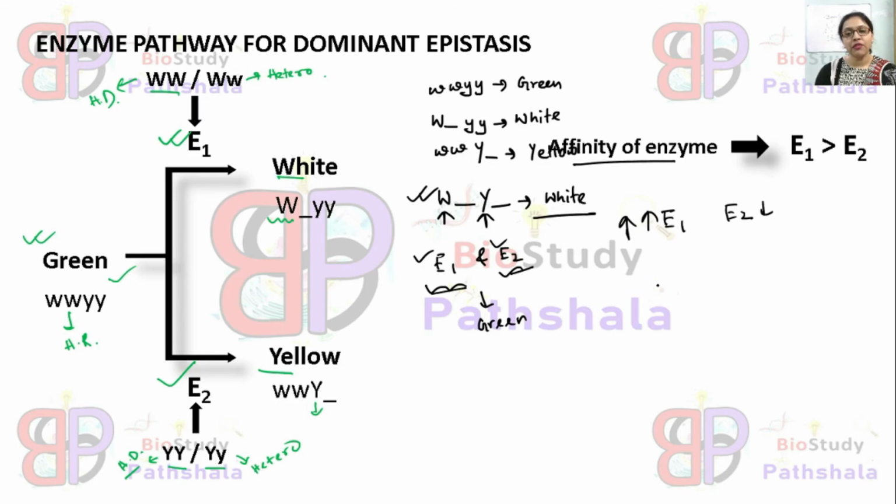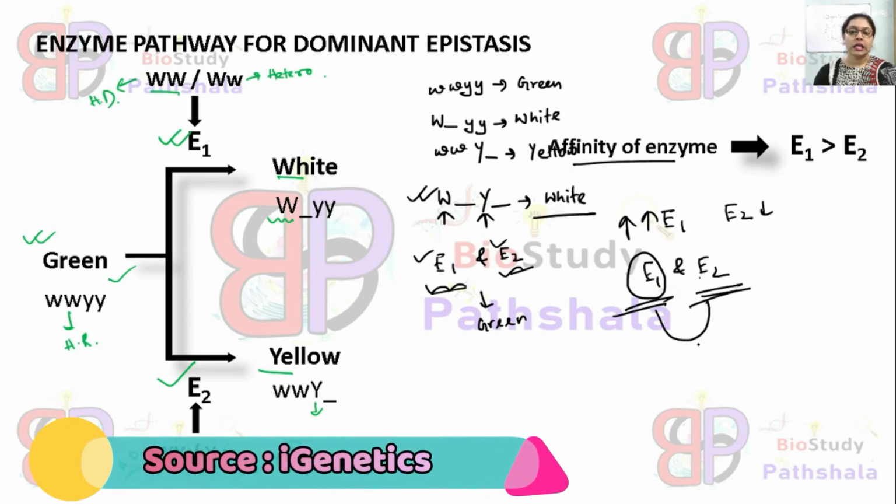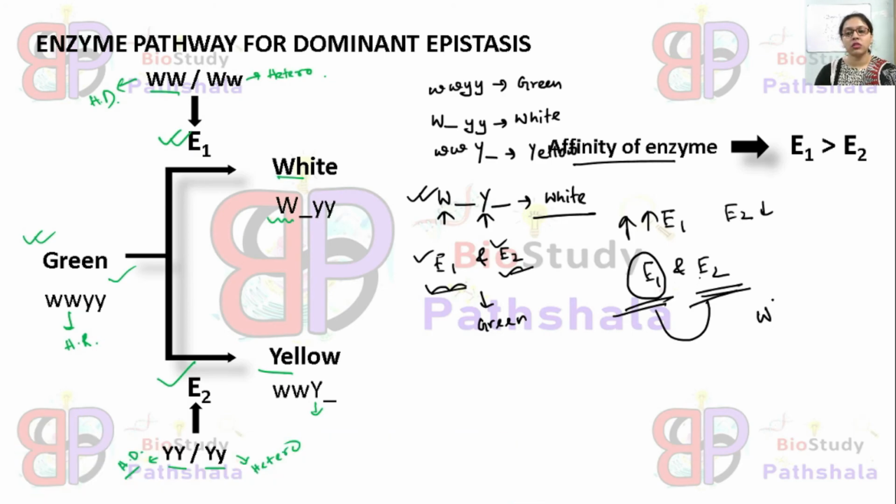That means if in a pathway, at a particular time, E1 and E2 are present, then E1 will show its effect. If the functional E2 is present, it cannot show its expression because E1 will show its effect, and E1 is dominating over E2. That means the dominant allele of the W gene is expressing and masking the effect of the Y gene's expression.